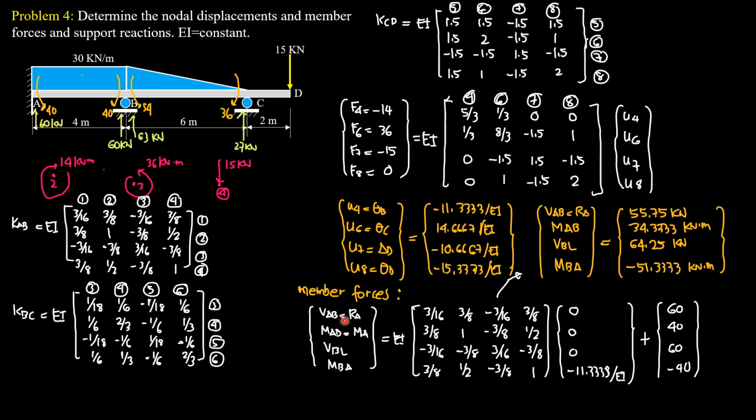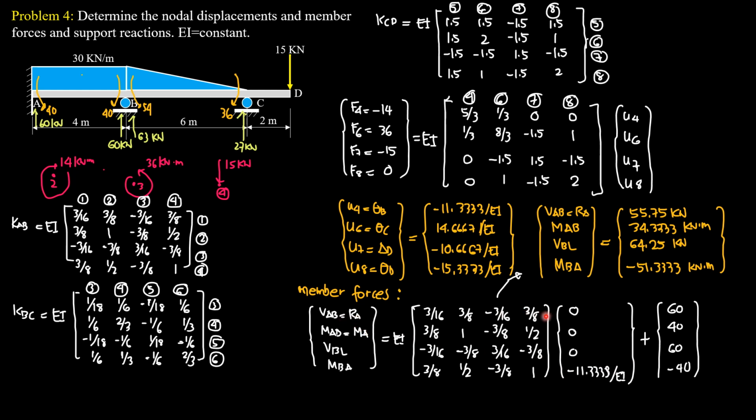So VA or RA is 3/8 times negative 11.3333 plus fixed end forces. So fixed end forces would be 60, positive 40 because this is counterclockwise. Then at the right end positive 60, then negative 40 clockwise, so negative 40 kilonewton meter.